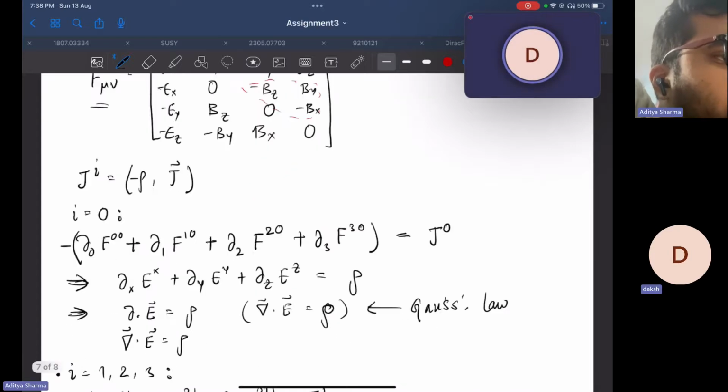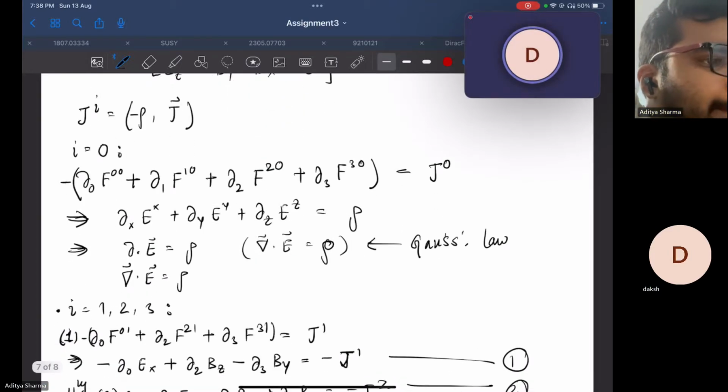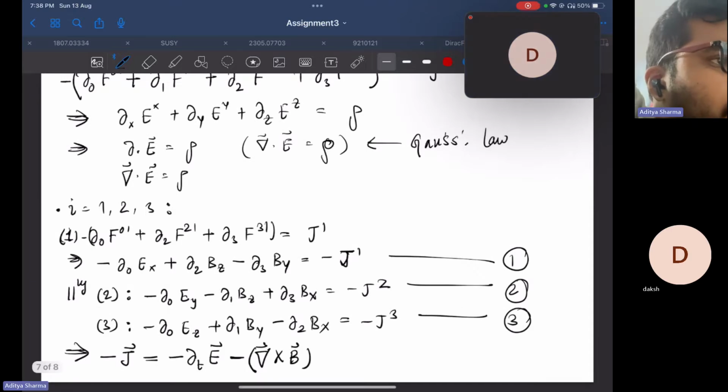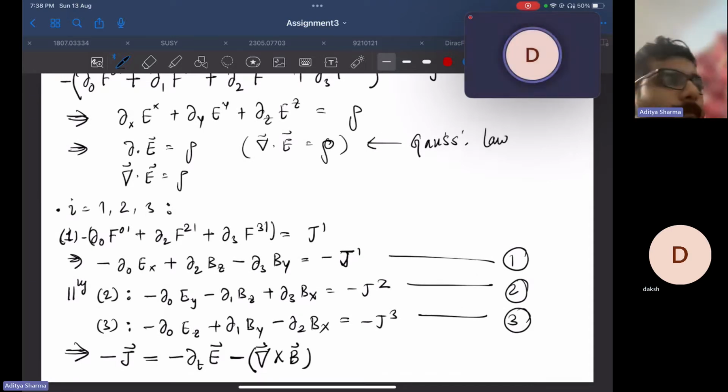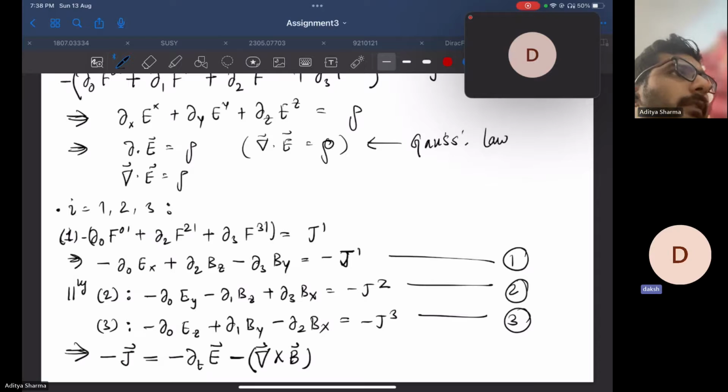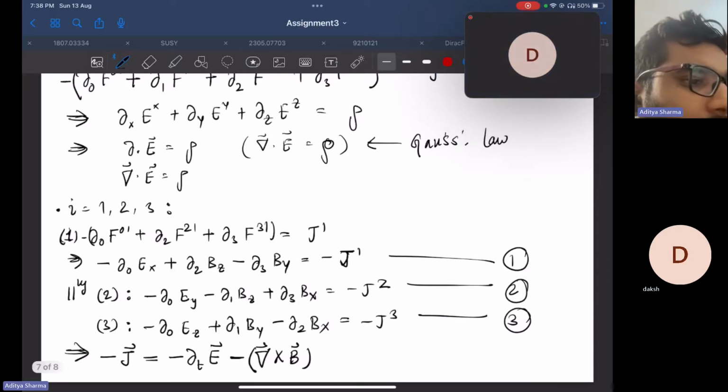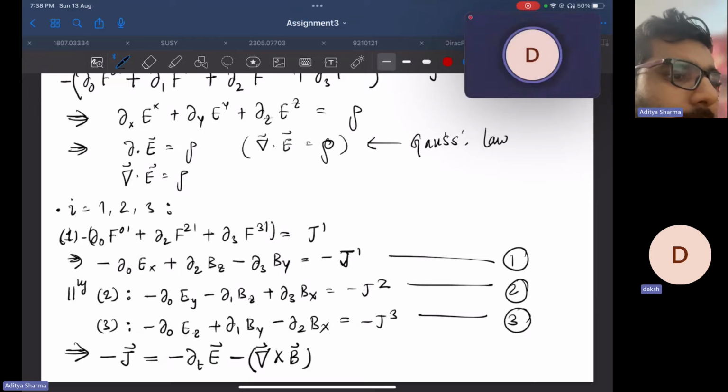Yeah, so that part is fine. Curl of B is also correct, right?